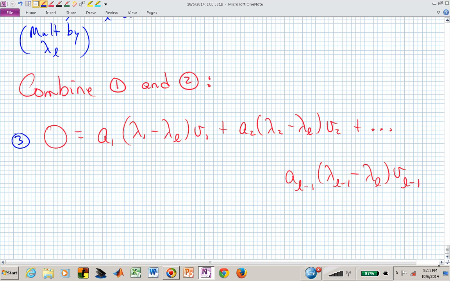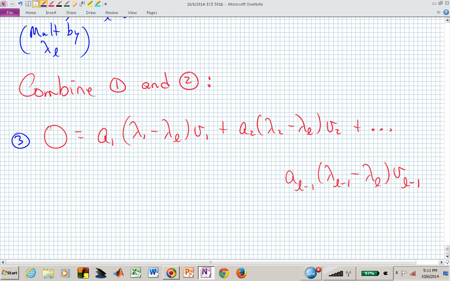But remember how we picked v sub L. That was the very first vector that was dependent on all the others. So that means that these vectors, v1, v2, up to v sub L minus 1, are linearly independent. If we have a combination of linearly independent vectors that equals 0, what's the only way that can happen?